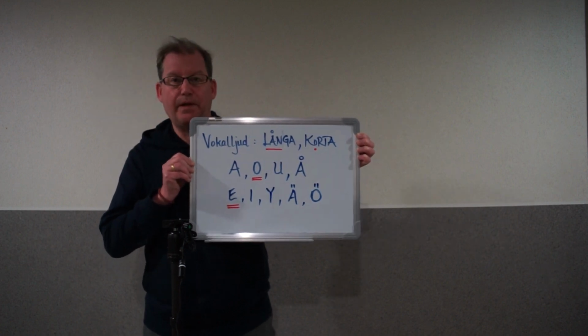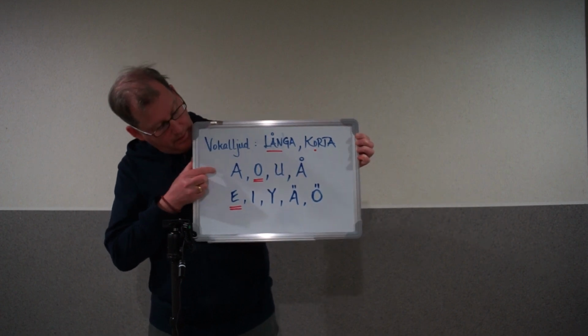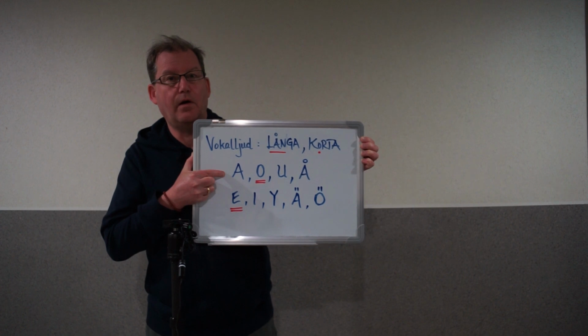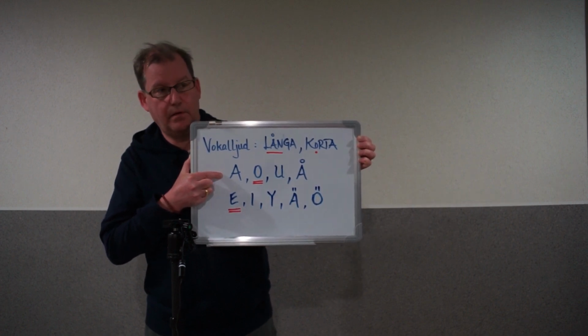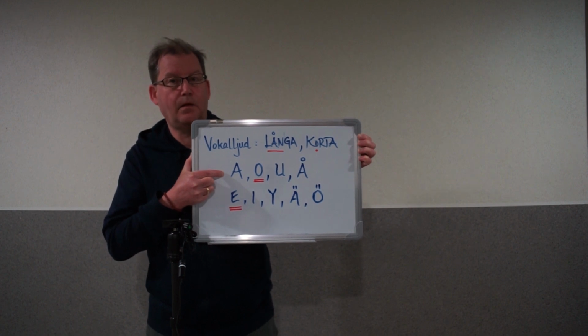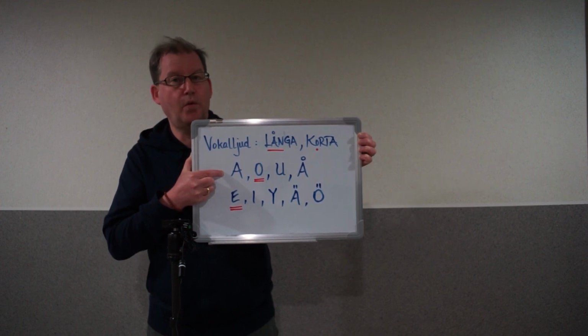We group them into 2 groups. These 4 are called hard vowels. Hårda vokaler. A, O, U, Å.